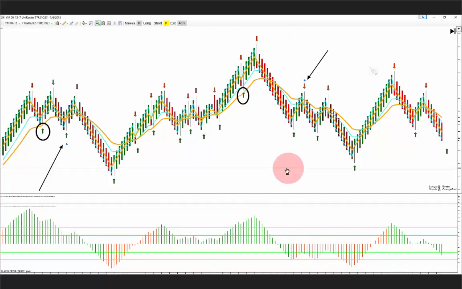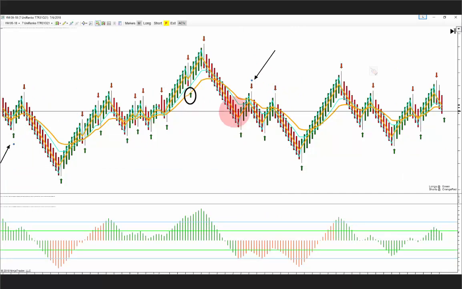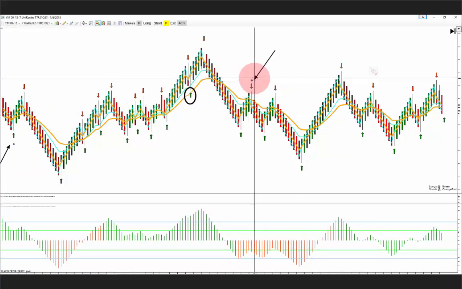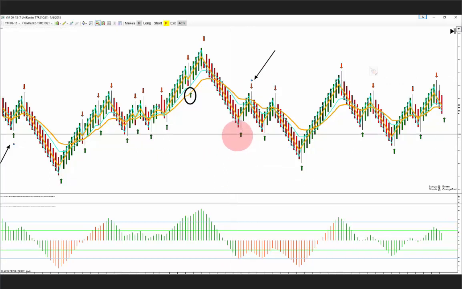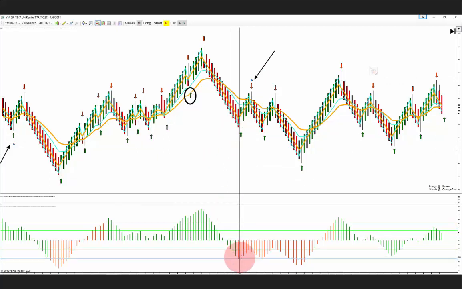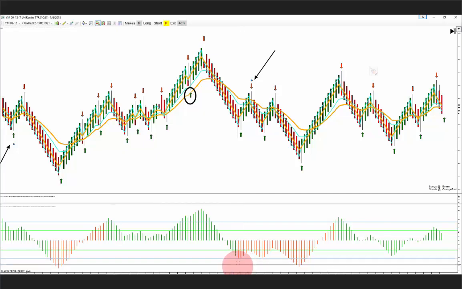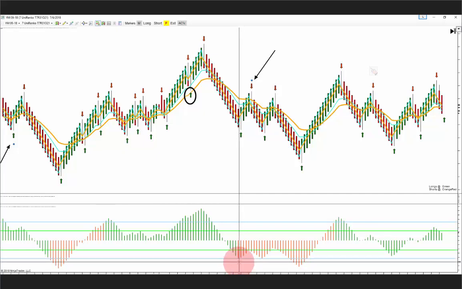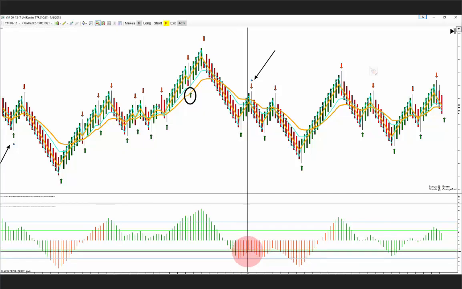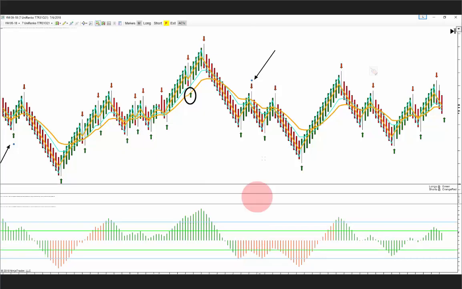Okay. But again, the dot is not something the computer is generating. I manually put the dots. This has not been coded or anything like that. So here we just barely get below the cyan line, so we're good to go. It pulls back. It just barely stays above the green line, so that's a nice trade.